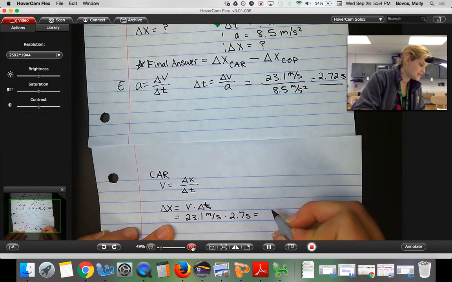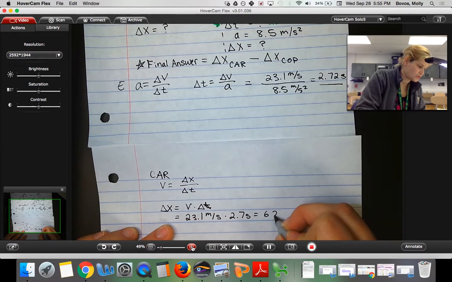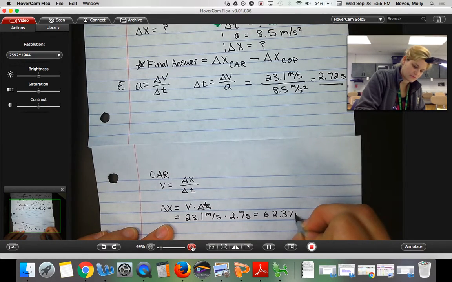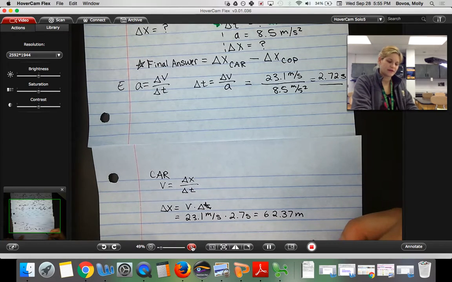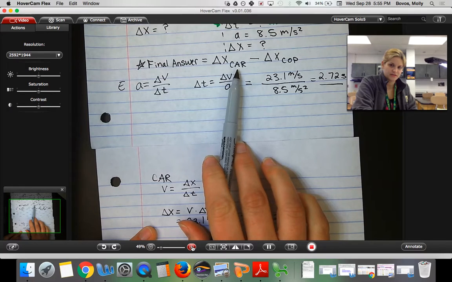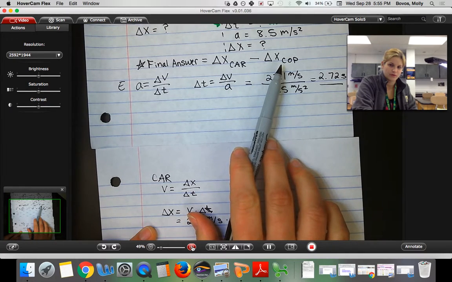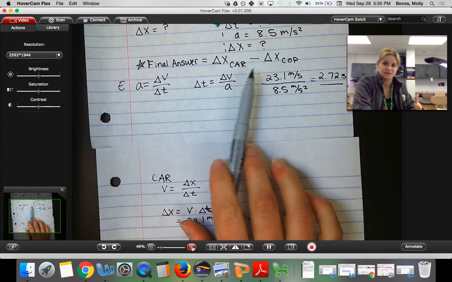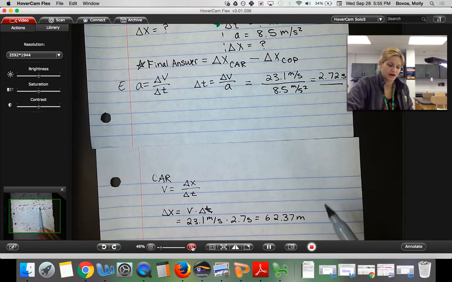And I get 62.37 meters. I'm not going to round this off yet because I still have to do that subtraction bit from this part here, figure out where the cop is, because I'm looking for the distance between them, not just how far each of them is going.